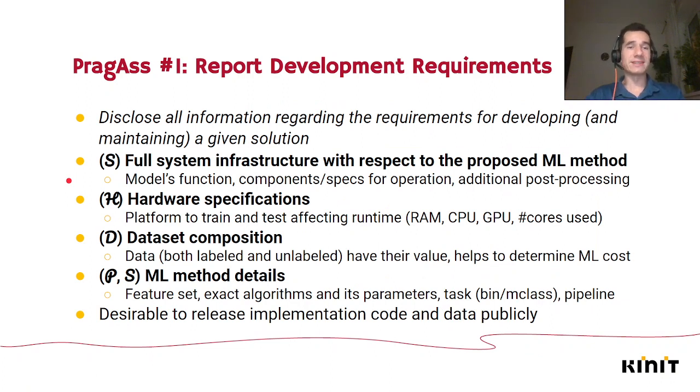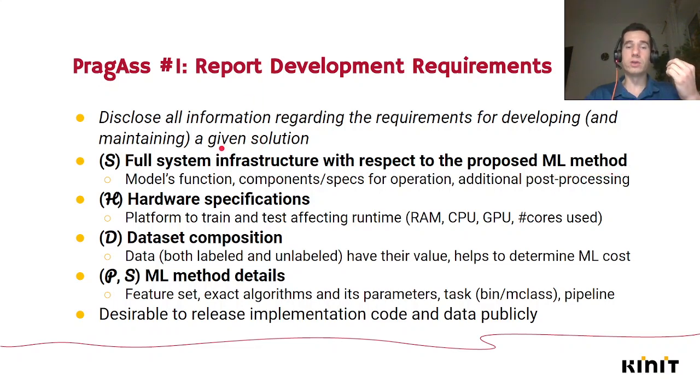In pragmatic assessment part one, we want to report the development requirements. In our papers, in our work as researchers, we want to disclose all the information of developing and maintaining a given solution. So we need to disclose S, which is the full system, the infrastructure, with respect to the proposed machine learning solution.